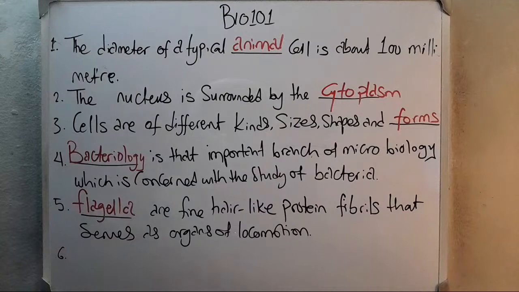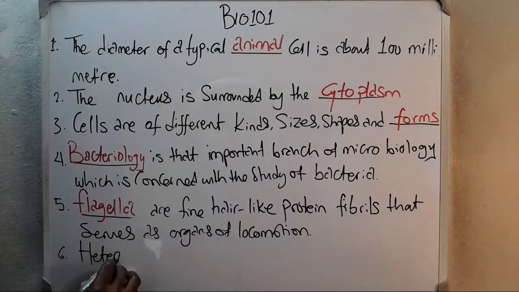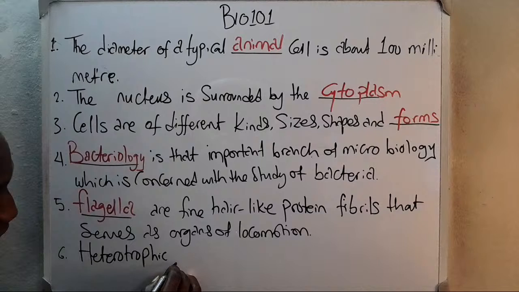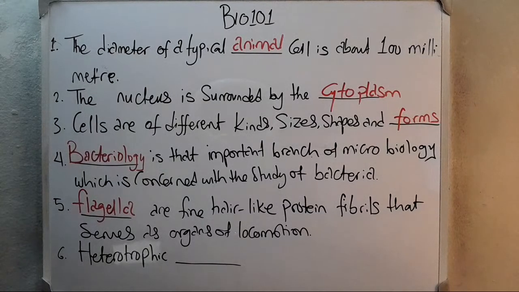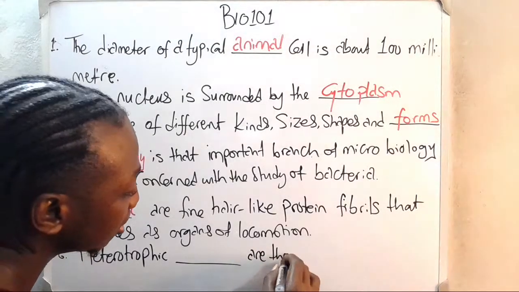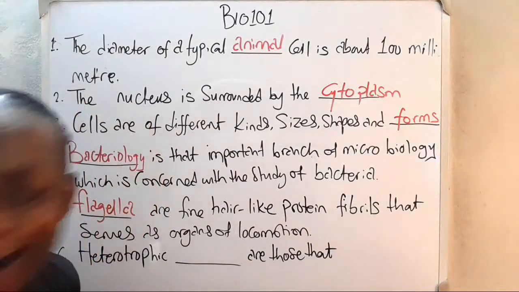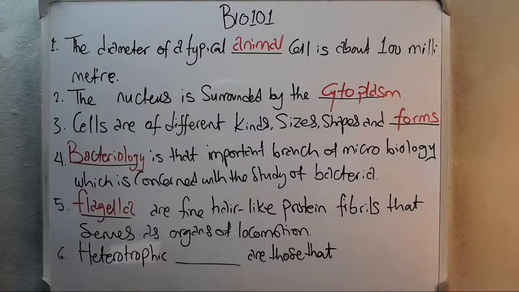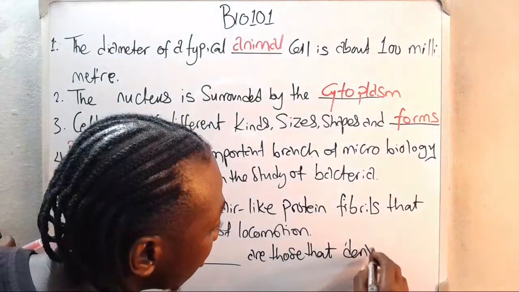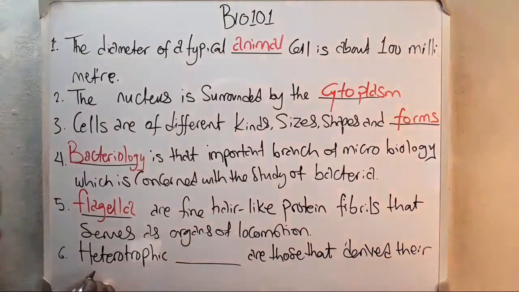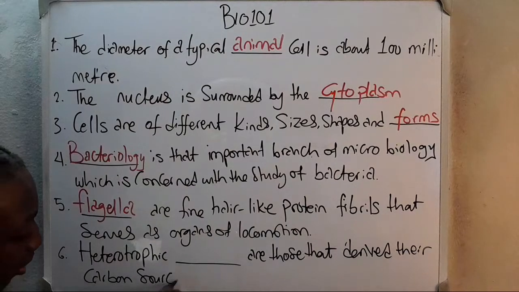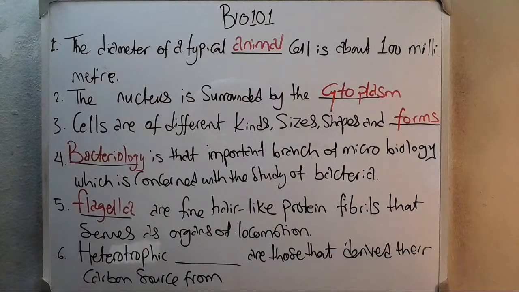Heterotrophic dash are those that derive their carbon source from organic matter.